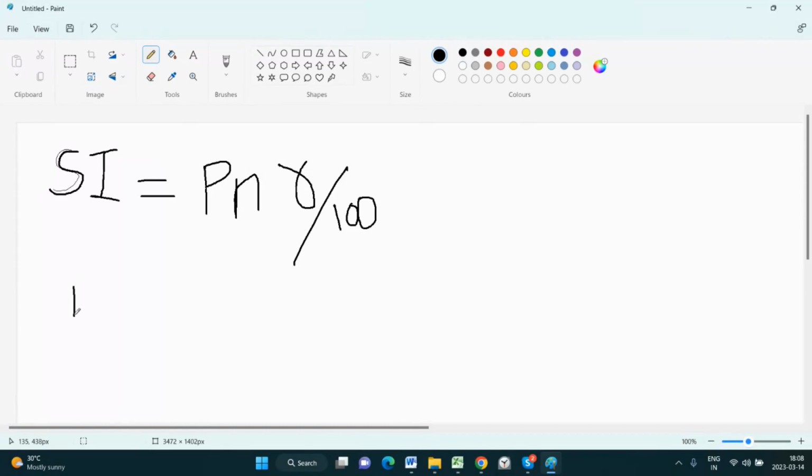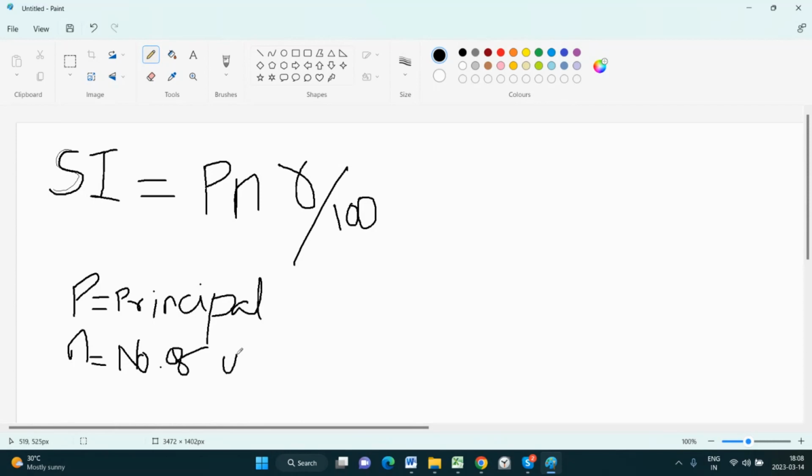P is the principal. Principal is nothing but the money you are depositing. N is the number of years, how many years we are going to keep this amount in the bank: 3 years or 4 years or 5 years, even sometimes 10 years.